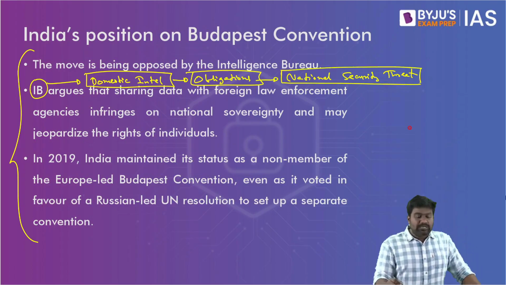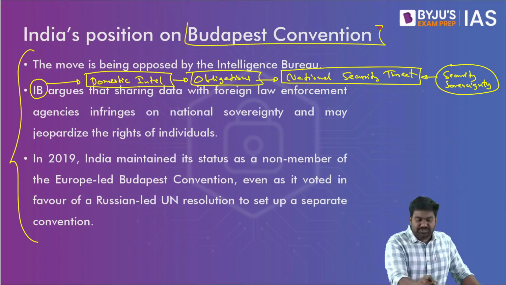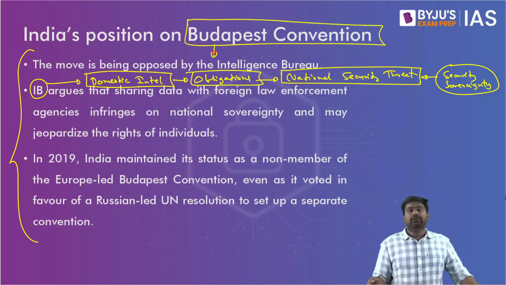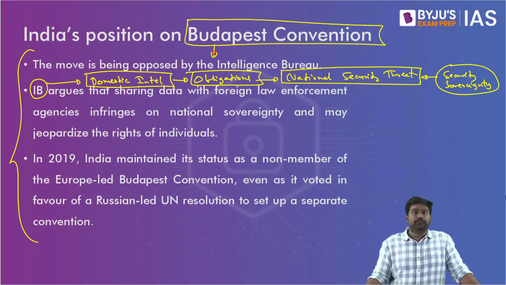Right? It requires you to integrate networks, share data and information. IB feels that this could compromise on our security, on our sovereignty. So IB has strongly opposed India joining Budapest Convention, and hence the government also has decided to not take this forward. As of now, we are not part of Budapest Convention.